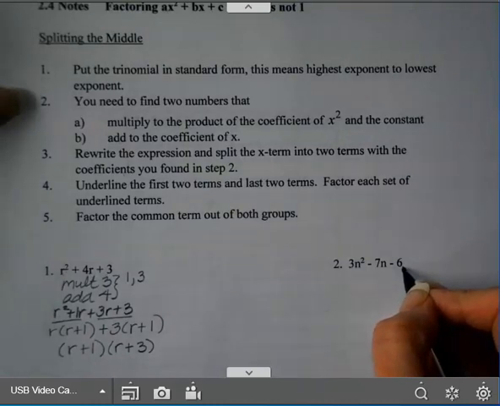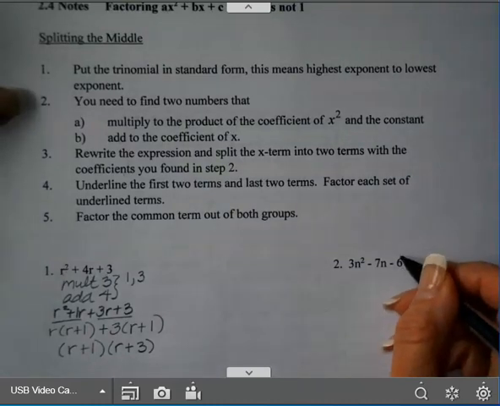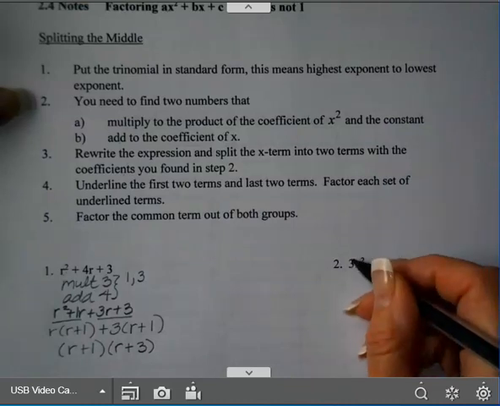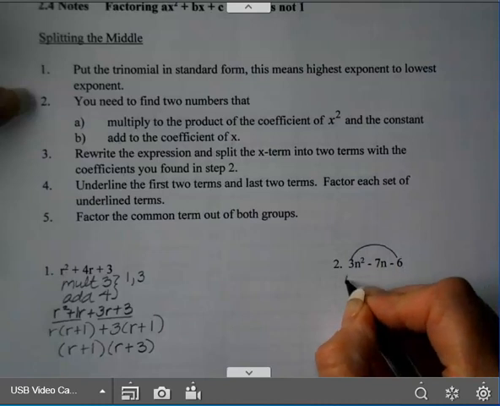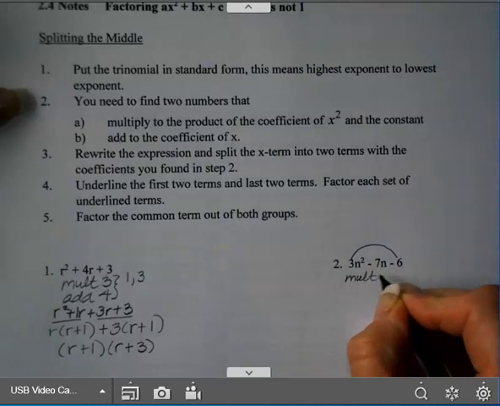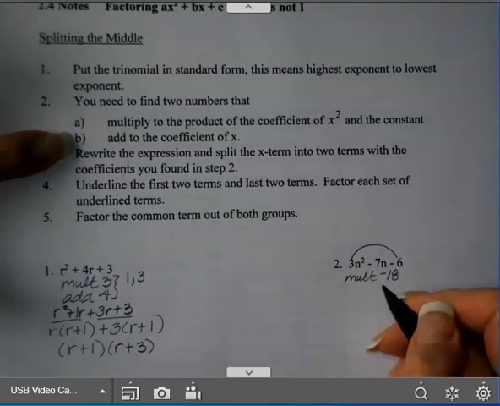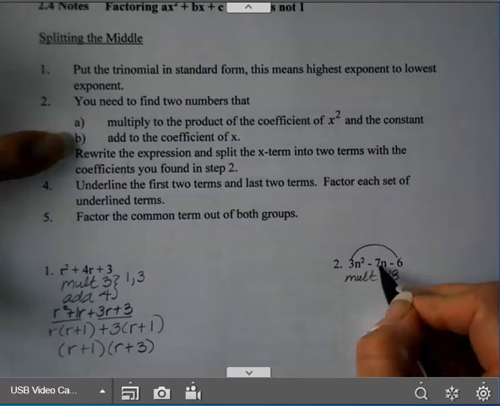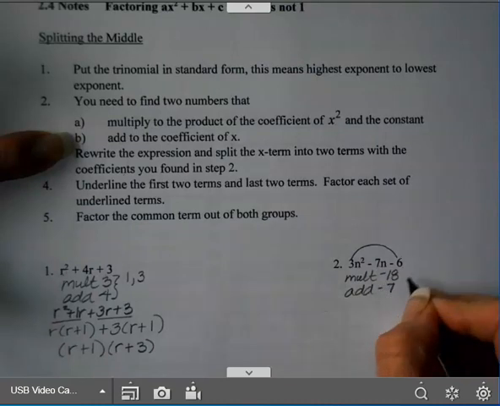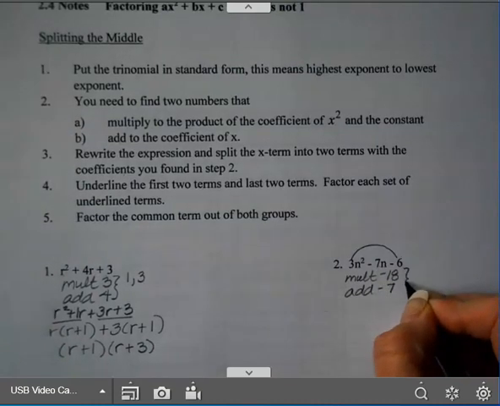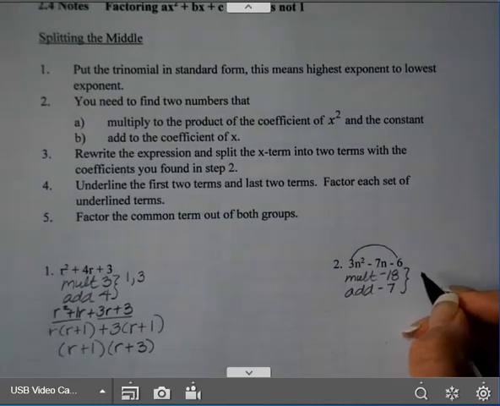Step 2, you want to have it multiply to the product of the coefficient of your squared term and your constant. So I want it to multiply to negative 18. And then it has to add to your linear term, and the linear term is the negative 7. So I want it to add to negative 7. And then make your list of numbers and see which one works.